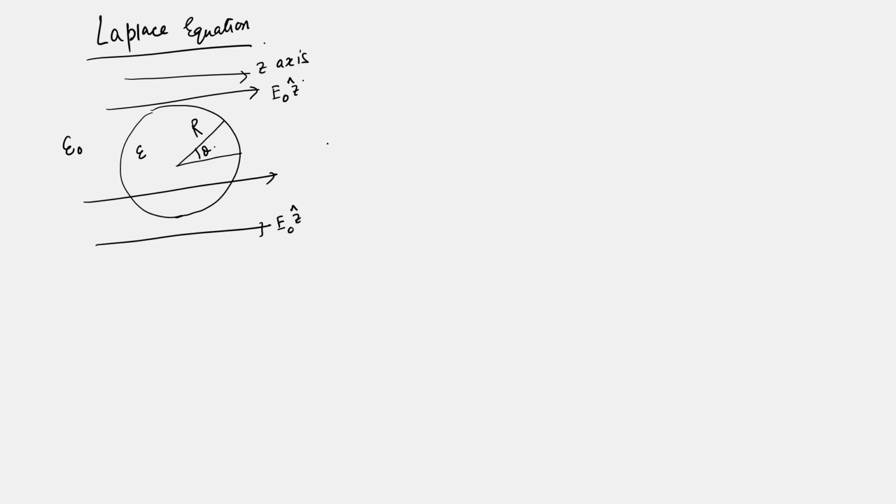And what we need to find is the internal electric field and internal potential. Internal means inside the sphere. So, that is the question that we have to answer. And what are the boundary conditions?